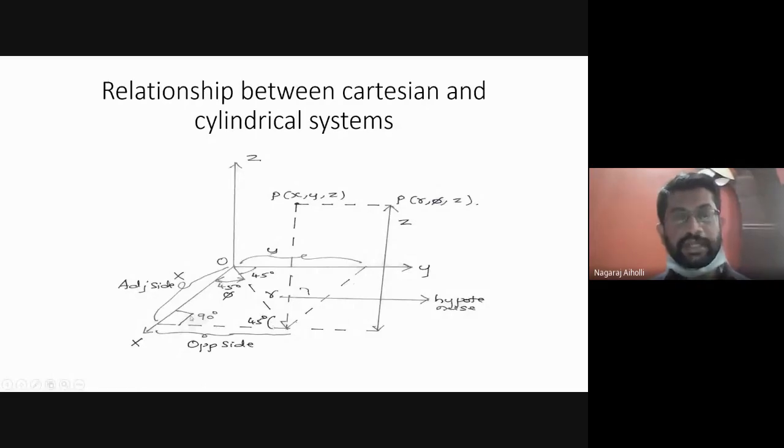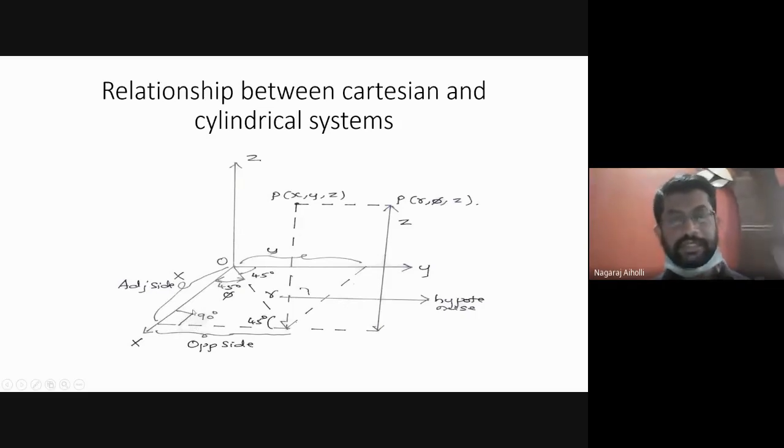So what will be the other angle, friends? 90 degrees, because the total of the three angles of the triangle is 180 degrees. This is 45, this is 45, 45 plus 45 is 90, so the remaining angle is 180 minus 90, which is 90 degrees. Now we got this as perpendicular, 90 degrees.